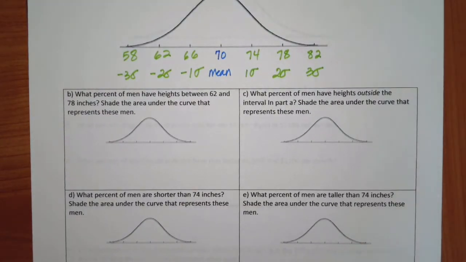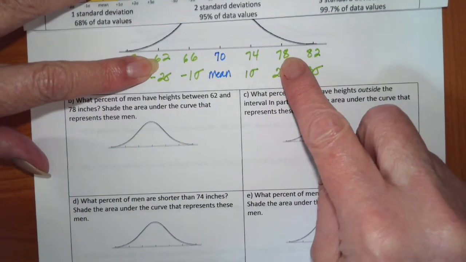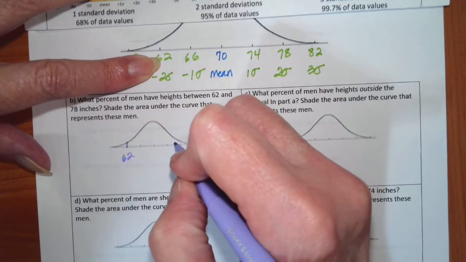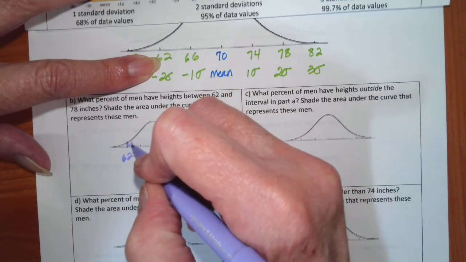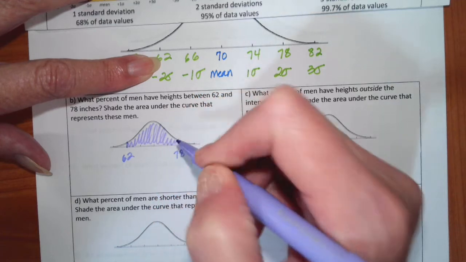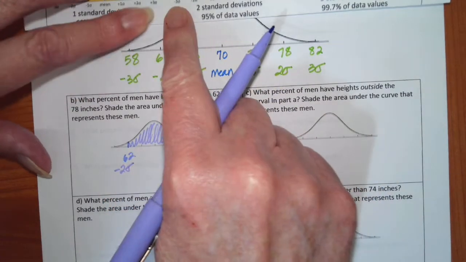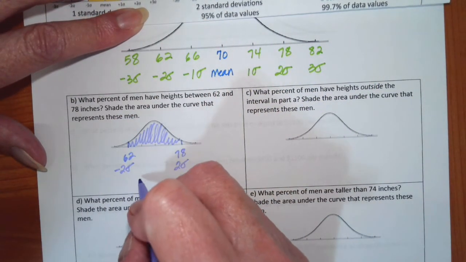What percent of men have heights between 62 and 78? I'm going to go back to my first page here. Between 62 and 78 is 2 standard deviations, and I know that everything under that curve is 95%.